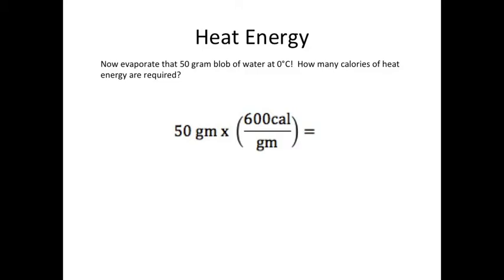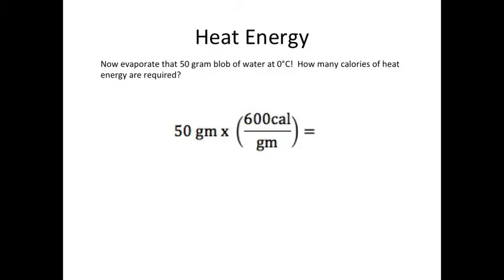Now for a follow-up question on heat energy. Evaporate that 50 gram blob of water at 0 degrees Celsius. How many calories of heat energy are required? So remember, to go from water to evaporation, you're going to need a different rate. The rate for that is 600 calories per gram.